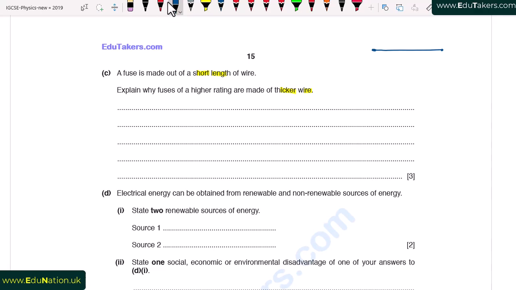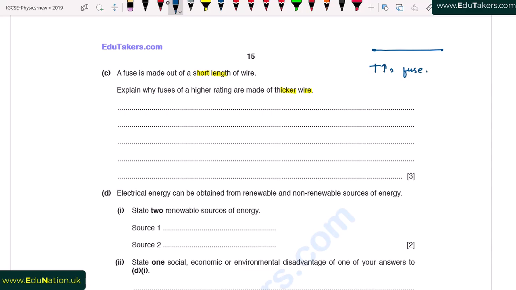This wire melts only when the value of current crosses a certain limit. Because of this current, the wire offers resistance and the temperature of this wire will increase. As a result, the wire melts and gets fused.